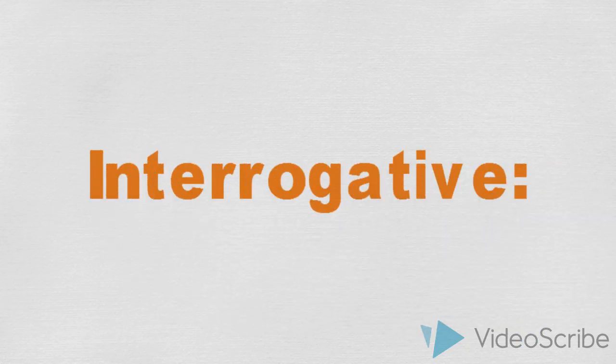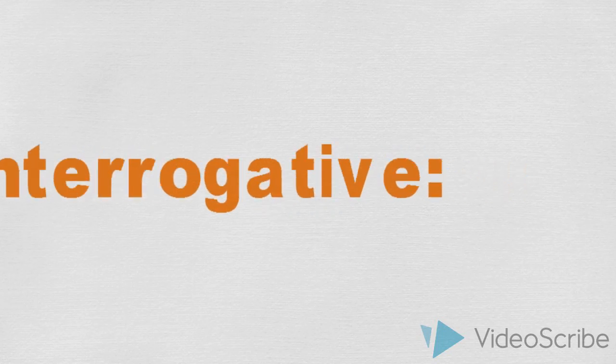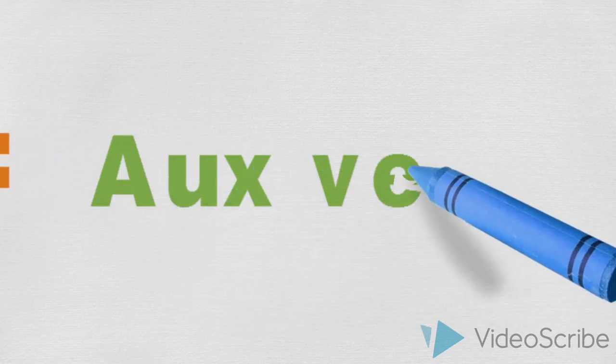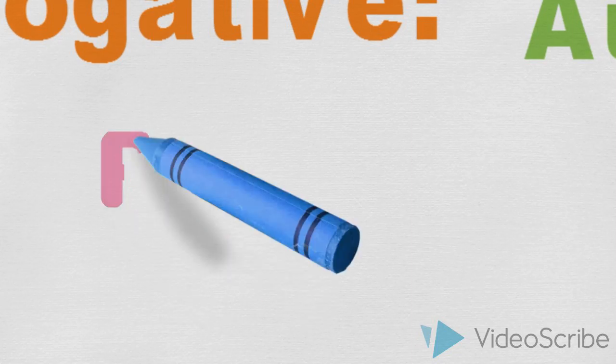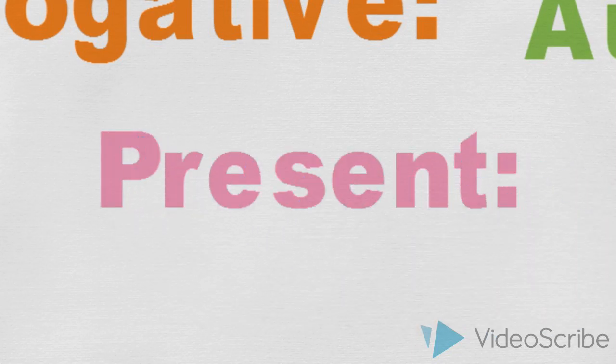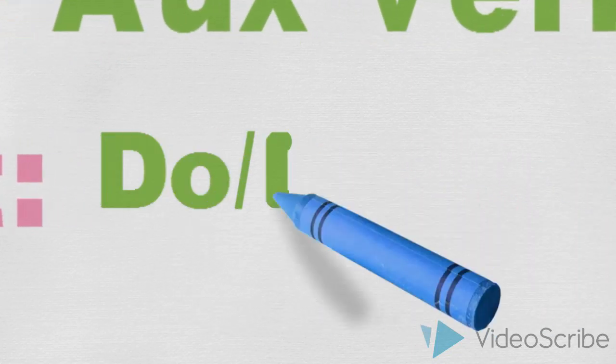Interrogative. Well, in interrogative, first you need to put the auxiliary verb. So if it's present, you put do or does in positive, and in past you put did.